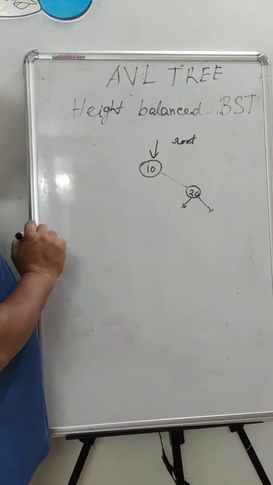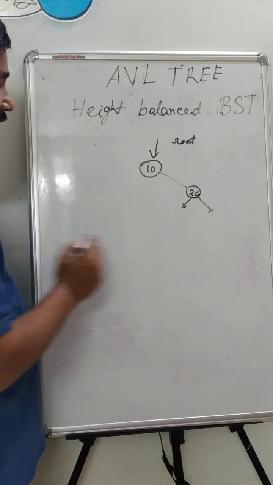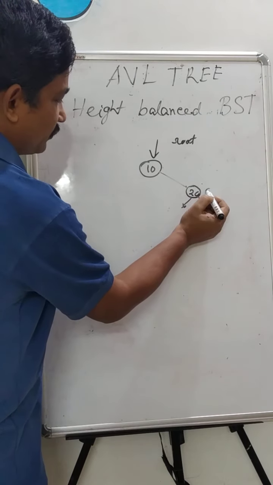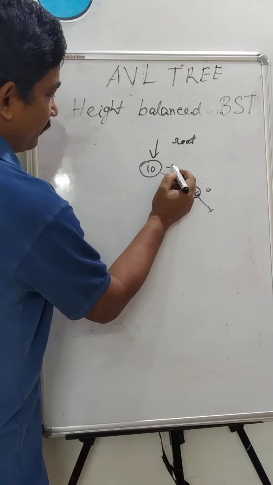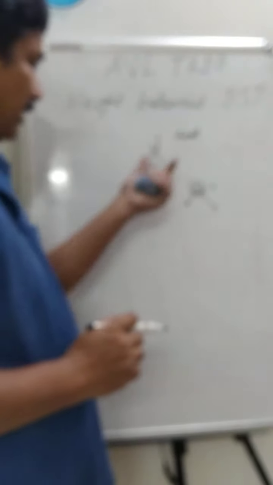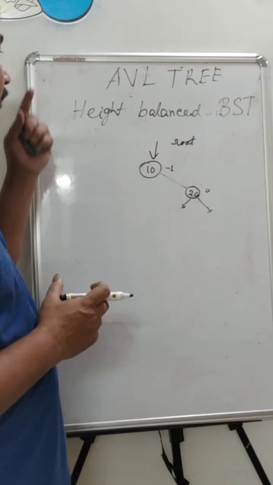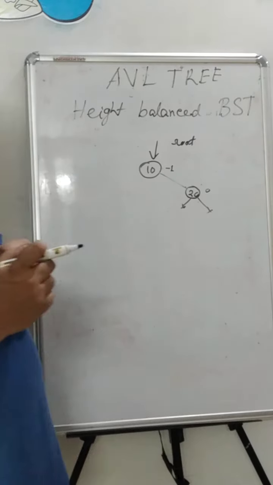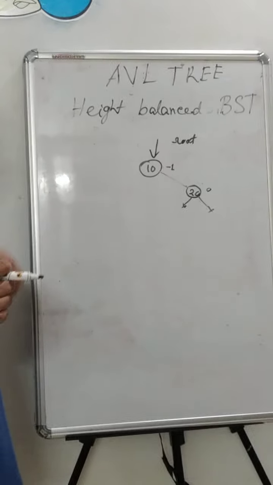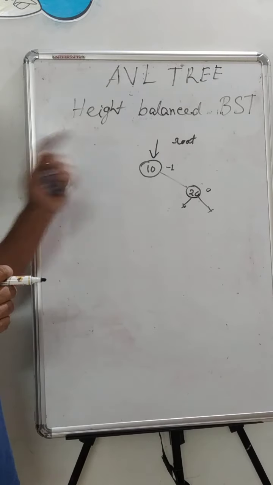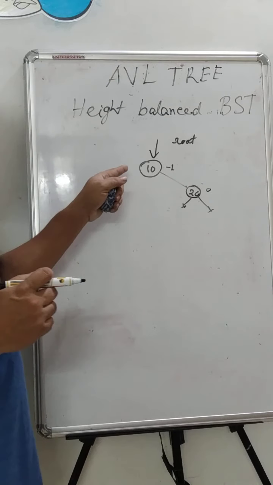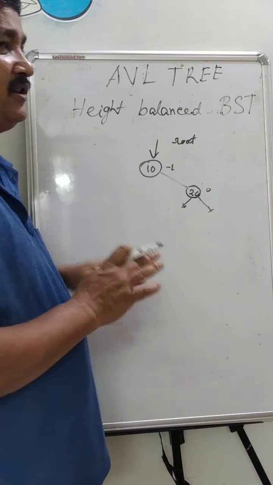Now, if we calculate the balance factors of these nodes, we will find the balance factor of this one is 0 and this is -1. There are no other nodes present in the tree, and these values are valid for an AVL tree. So we can stop our maintenance operation here. The value 20 was successfully inserted.